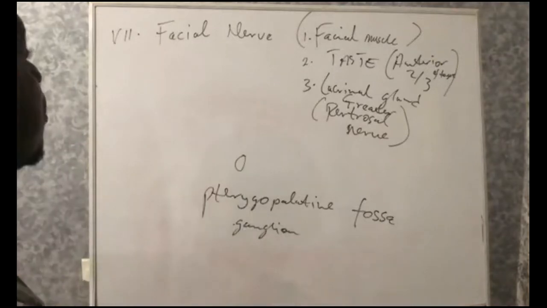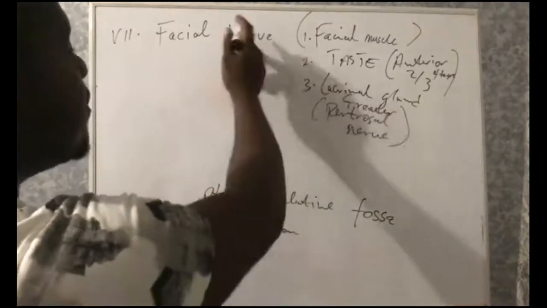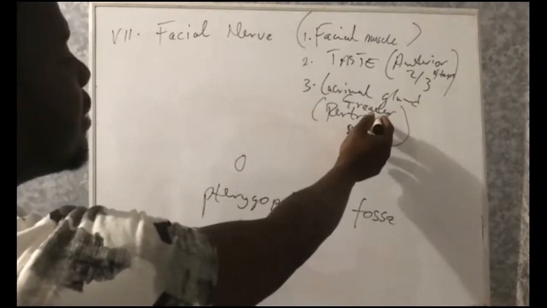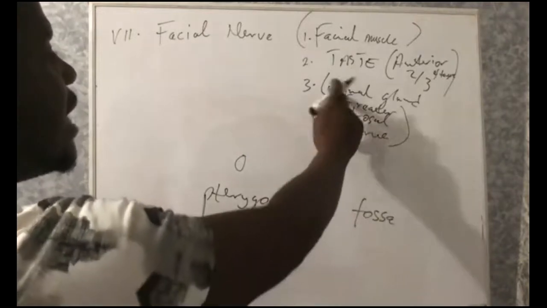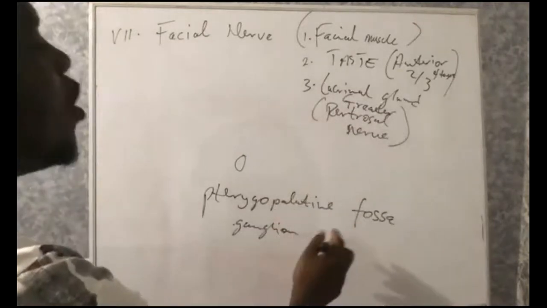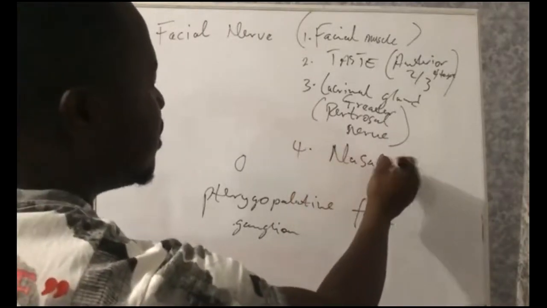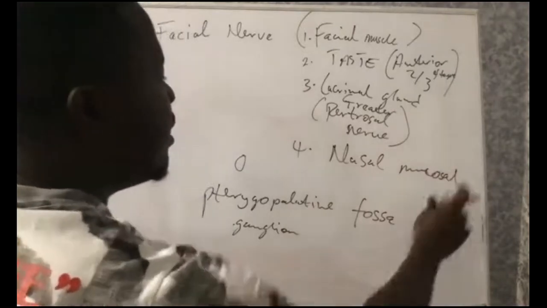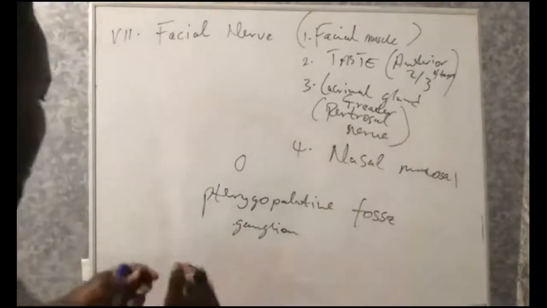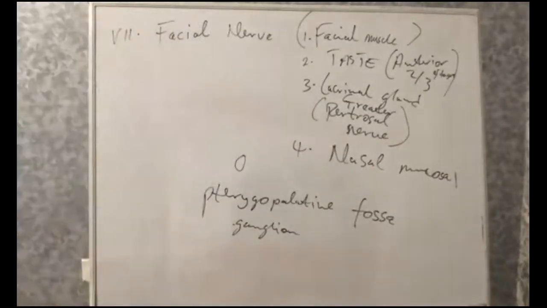One of them is the parasympathetic branch of the facial nerve called the greater petrosal nerve. That greater petrosal nerve supplies the lacrimal gland and also supplies the nasal mucosa. The nasal mucosa is made up of a lot of goblet cells and it produces mucus, right?